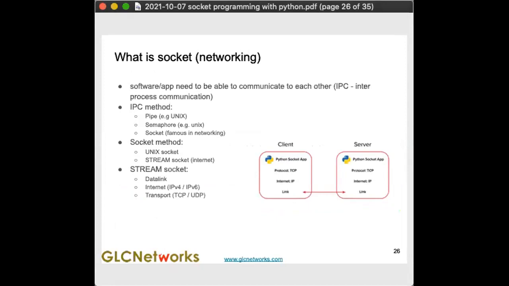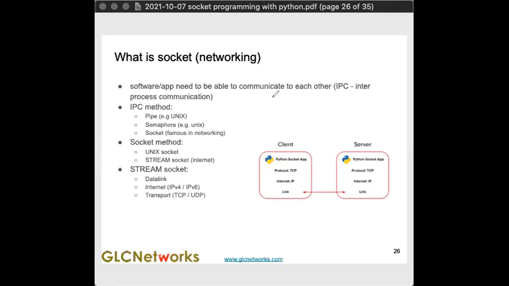In the beginning, there is a requirement that I have a computer, and inside the computer we have an operating system, and on top of the operating system we have applications, like Apache, PHP, MySQL, Postgres, and so on.